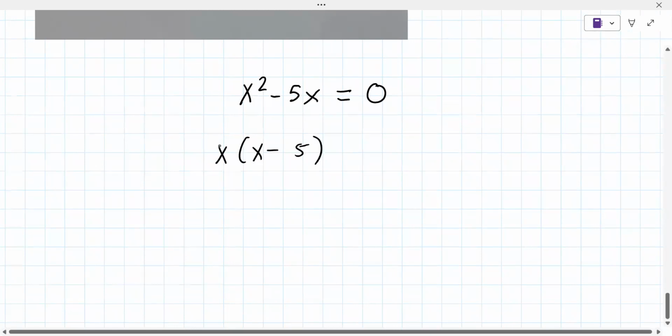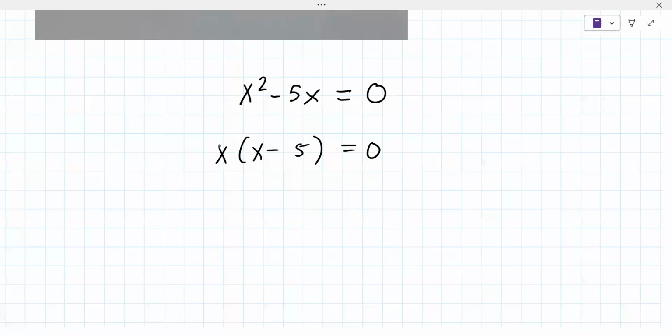Minus, subtraction. Okay, so this would be subtract 5, and then, that's it.